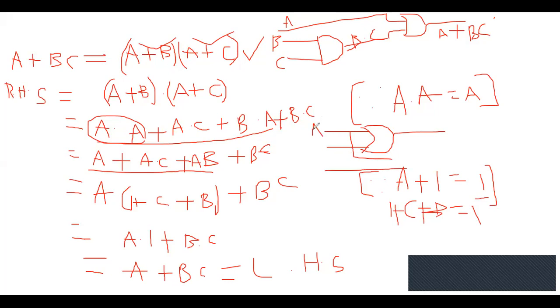This is A, this is B, this is C. A plus C, here also OR gate. A plus B into A plus C.